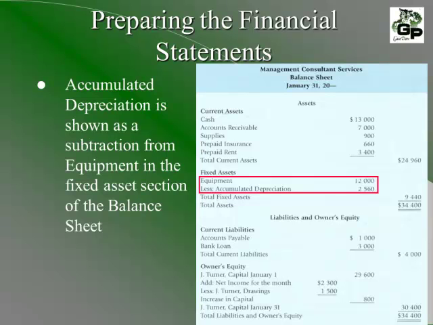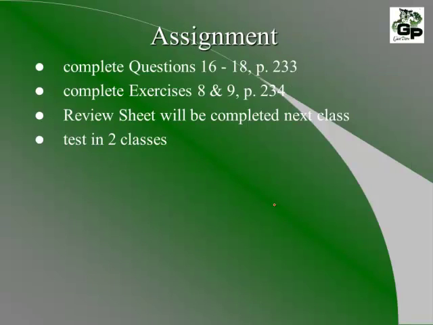So when we do the balance sheet under fixed assets, we have to make sure that we have the equipment, which never changes, and we have to use the word less right here to show that we're subtracting the accumulated depreciation. So that's 12,000, subtract 2,560. That will leave us here with a value for fixed assets of 9,440. If there were any other fixed assets in here, we would have to include those as well.